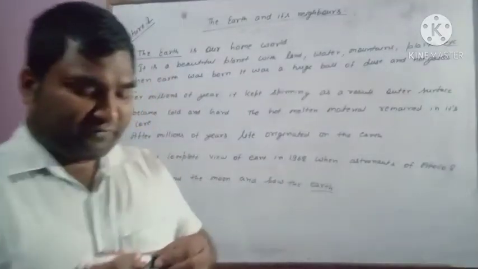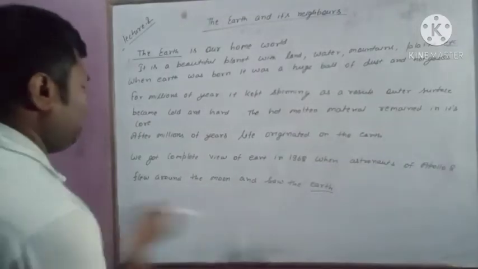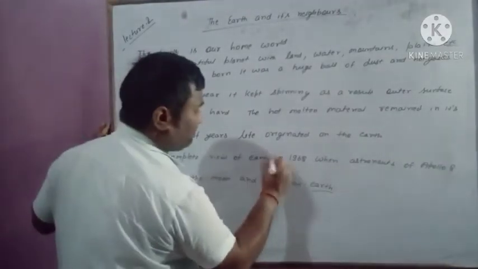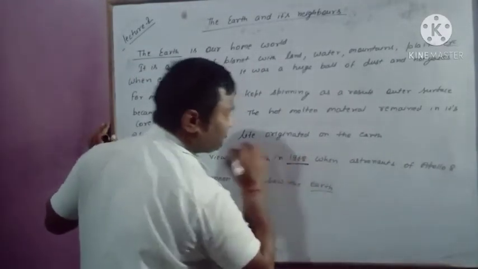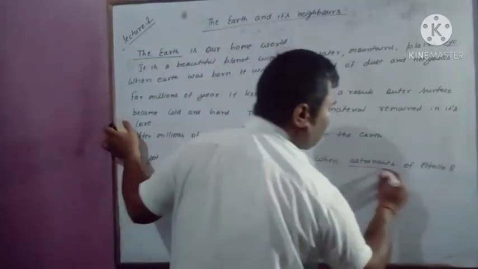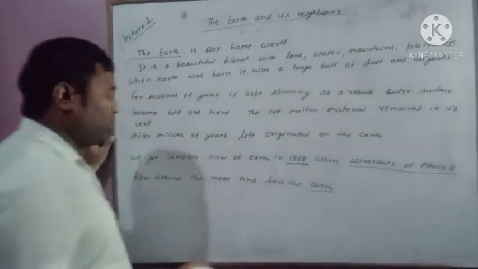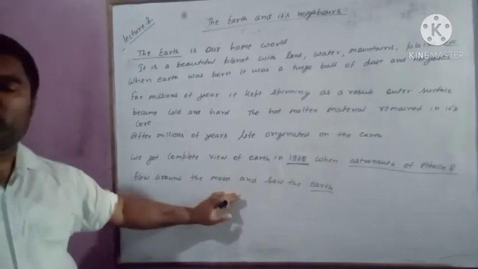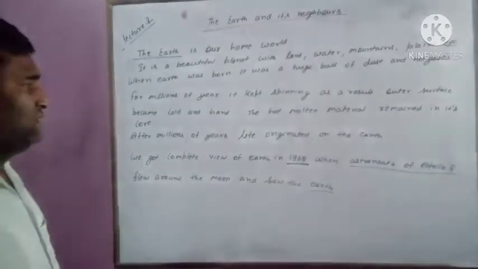So the first view of earth was seen in 1968 when astronauts of Apollo 8 flew around the moon and saw the earth.